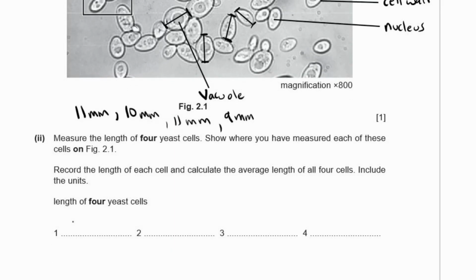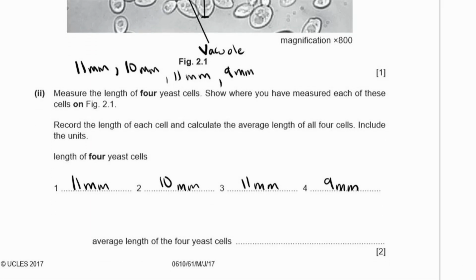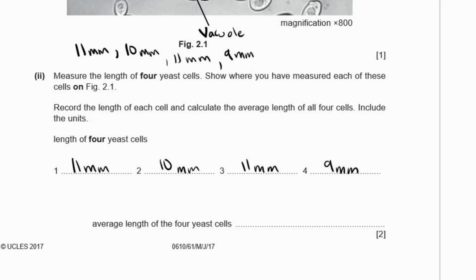So we have 11 millimeters, 10 millimeters, 11 millimeters, and 9 millimeters. You might measure them slightly differently if you've printed yours off on a slightly different size paper to what I did. That's okay. Now we need to take the average length of the 4 cells.